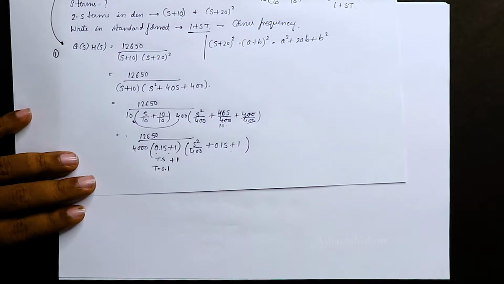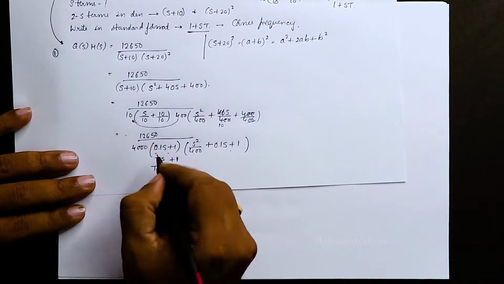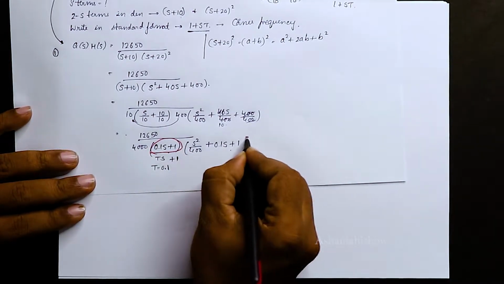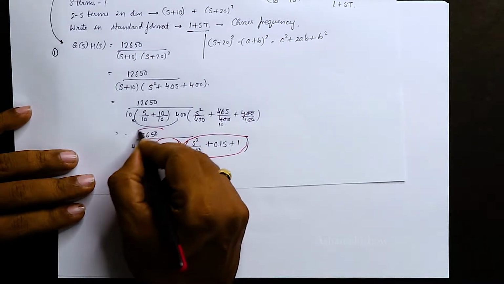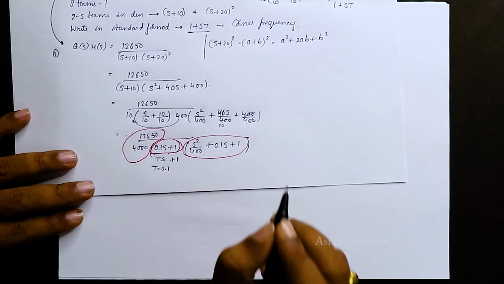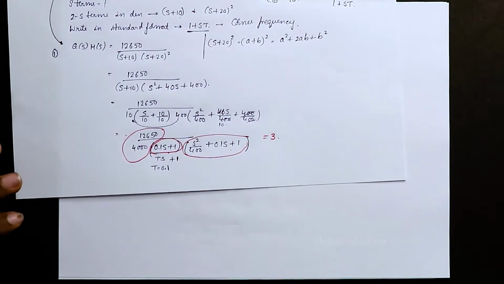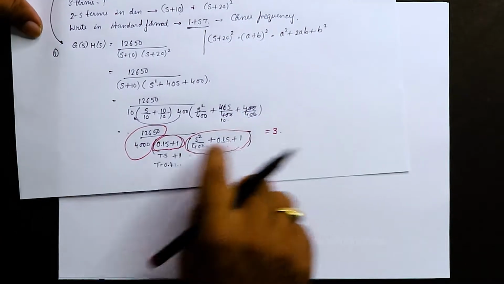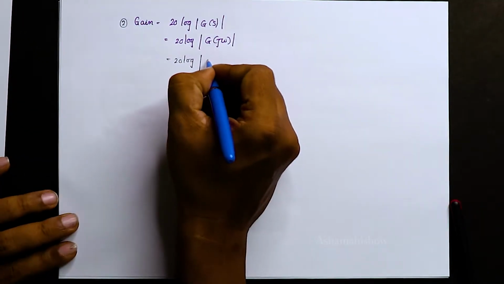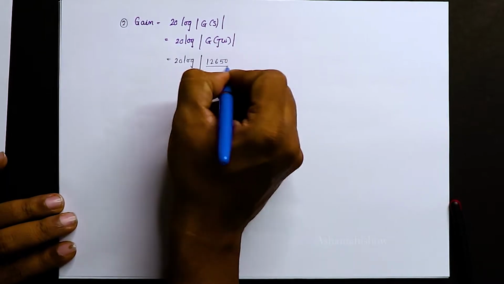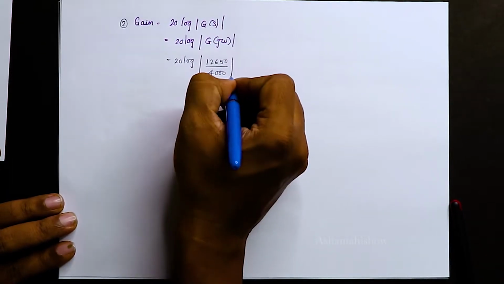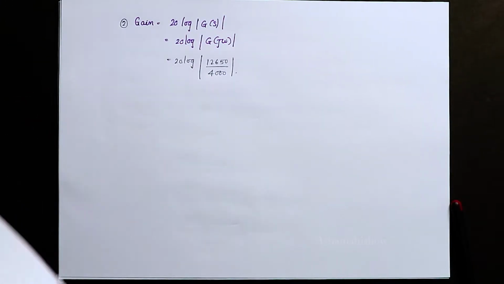This is the first s term, this is the second s term, and this is an individual term where we have only a coefficient. So totally we have 3 terms here. So you need to write this here: 12650 by 4000.